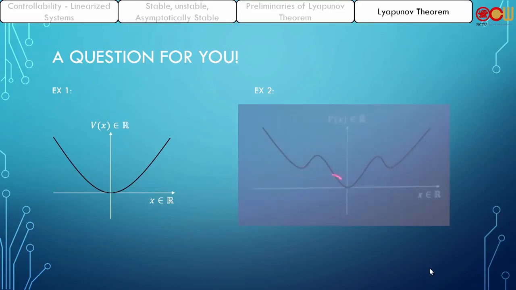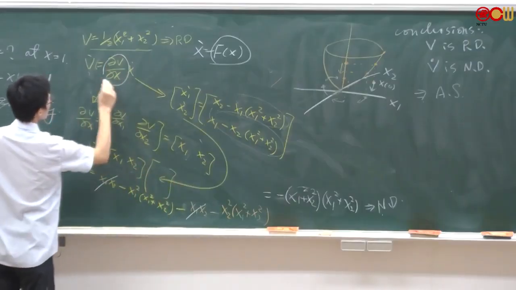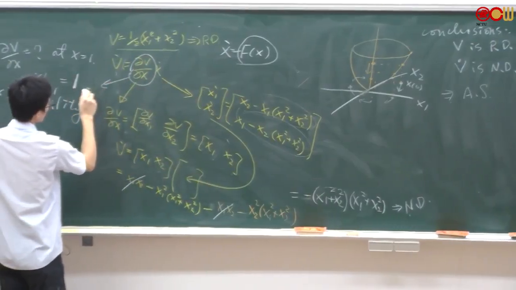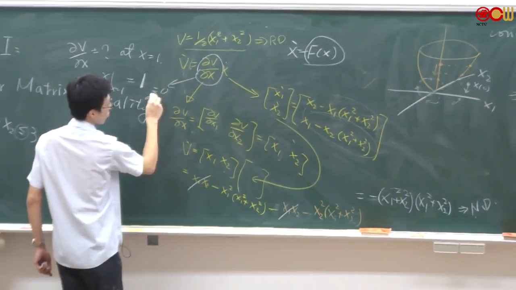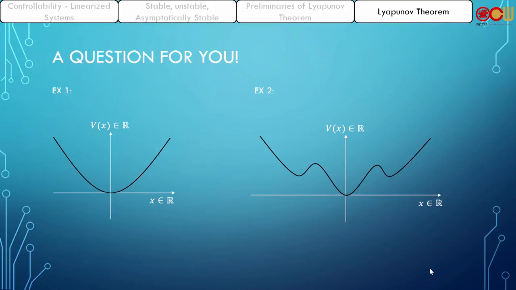You have 1, 2, 3 local minima. At these local minima, the gradient is equal to 0, because this stands for the slope, and at a minimum the slope is 0. So if possible, you don't want to choose this kind of Lyapunov function. Even though it's PD, it's not a good Lyapunov function.